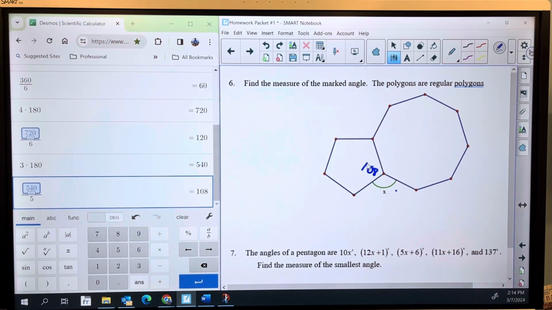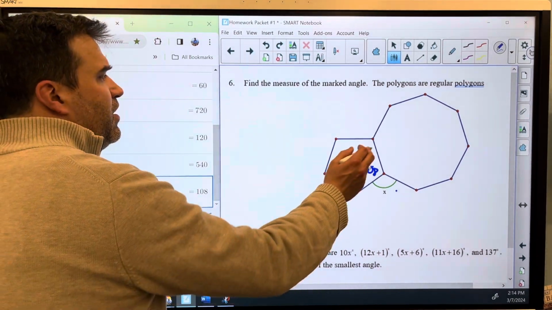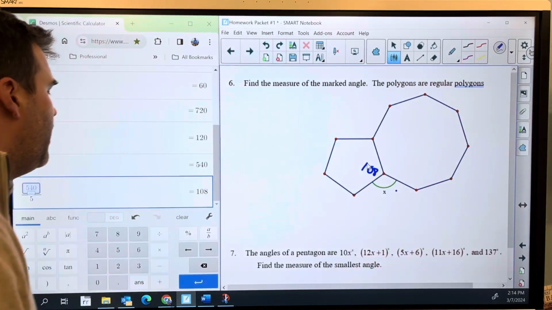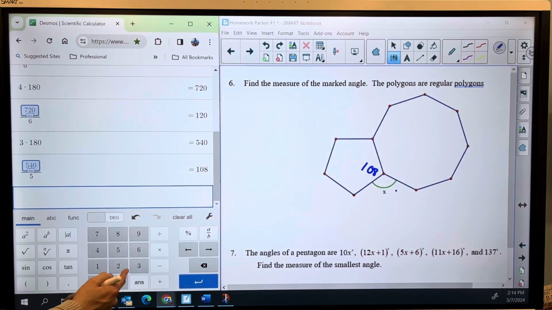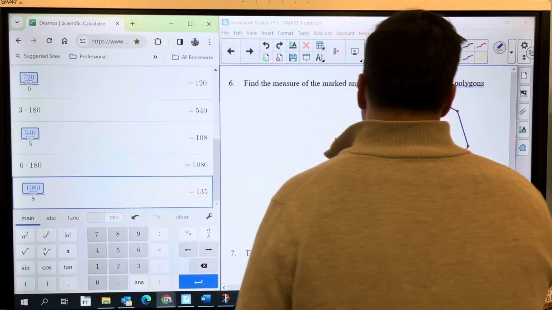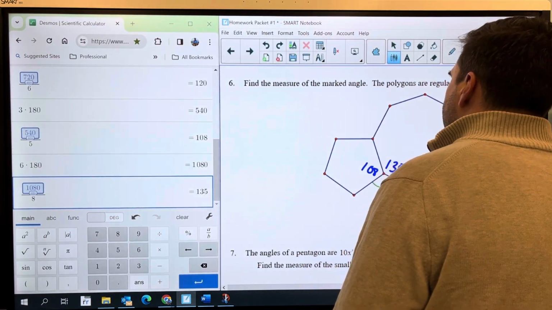And then the other shape is an octagon, 1, 2, 3, 4, 5, 6, 7, 8. Octagon, so again, quickly here, we've got 8 sides, so not 5, 6 times 180. And take that answer divided by the 8 sides, and we end up with 135 degrees.